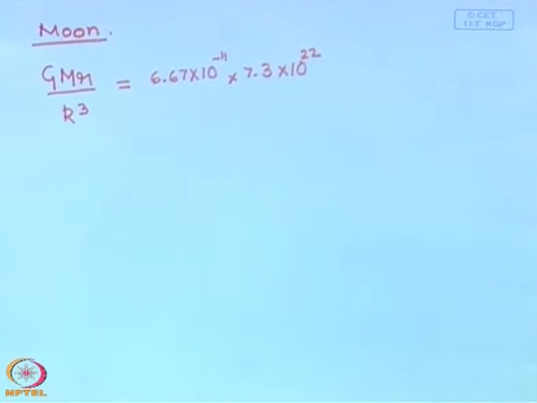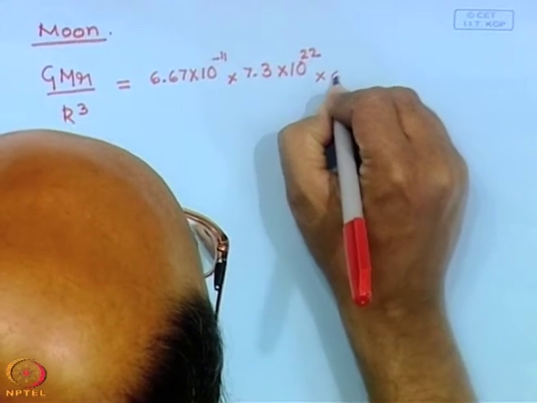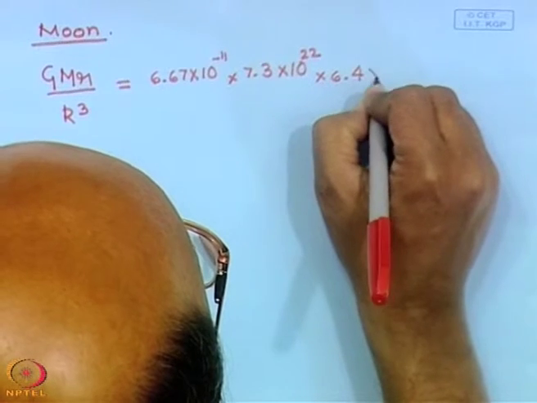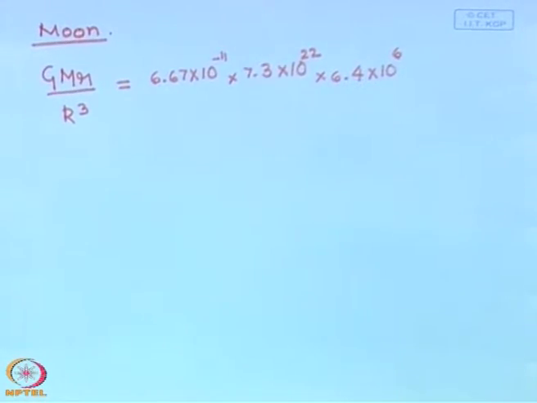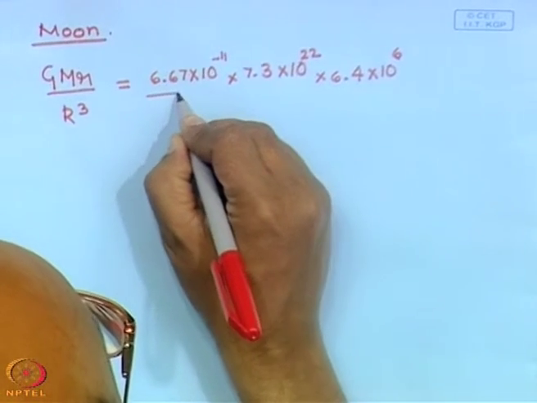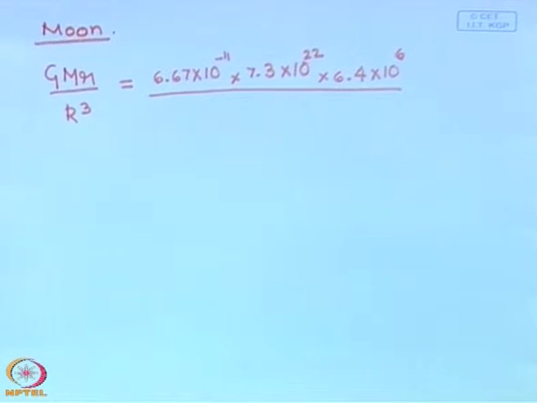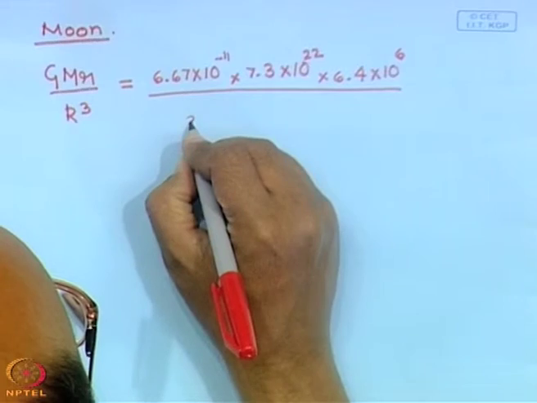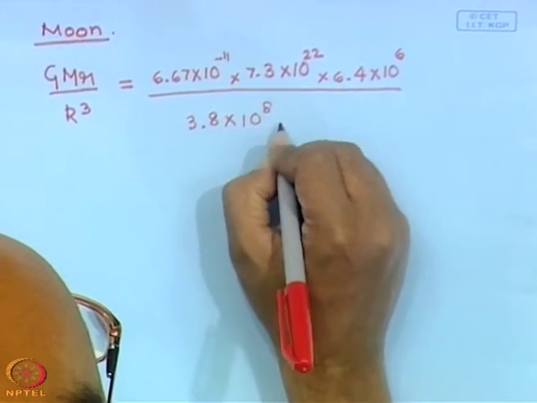And the radius of the earth is 6,400 kilometers, so in meters. Okay. And I have to divide this by the radius of the moon's orbit around the earth, which again we have just seen, it is 3.8 into 10 to the power 8 meters.